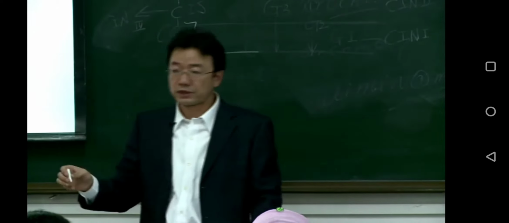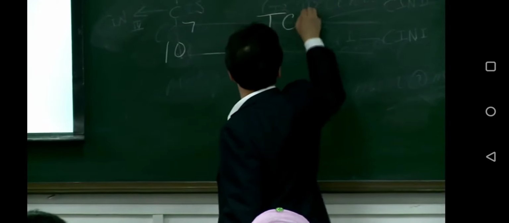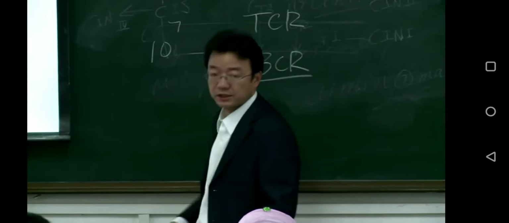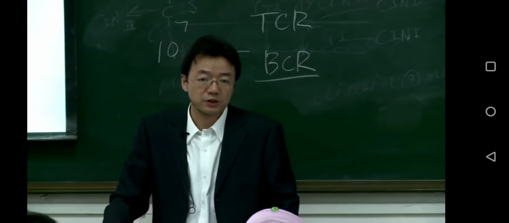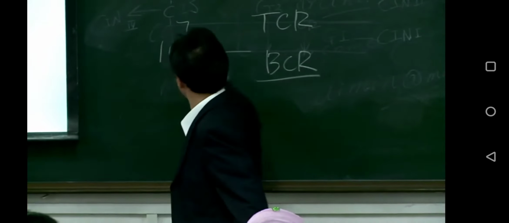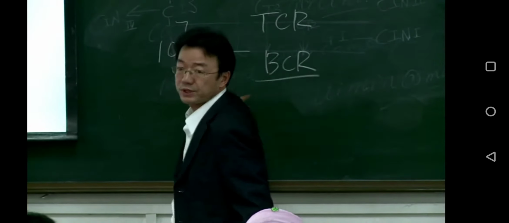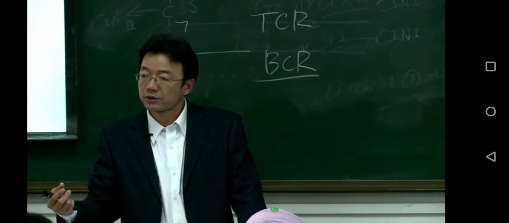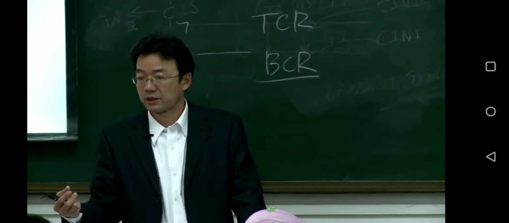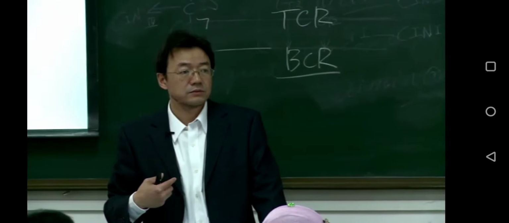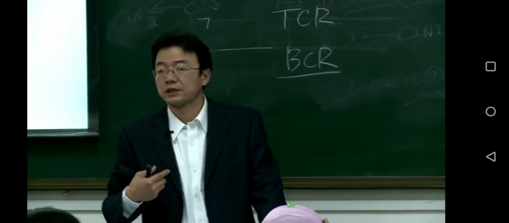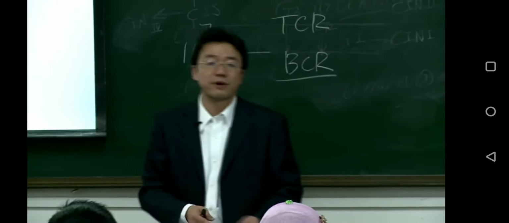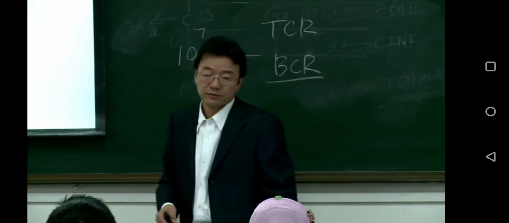During the development of the TCR or BCR, this is a T cell receptor or B cell receptor, the mature TCR or BCR occurs in the central immune organs. T cell develops in the thymus, and the B cell develops in the bone marrow.